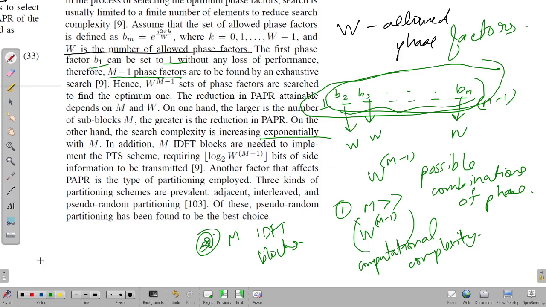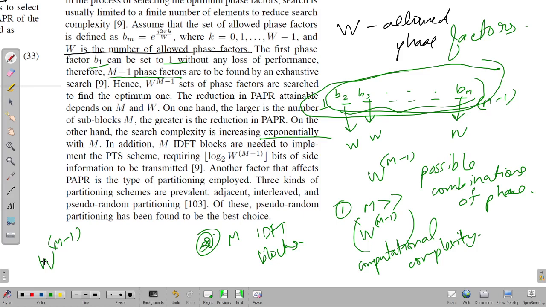You have w^(m-1) combinations of phase factors, and you used one of them. The optimizer found one phase factor combination to be optimal, with the lowest PAPR, and this information has to be transmitted along with the OFDM signal.